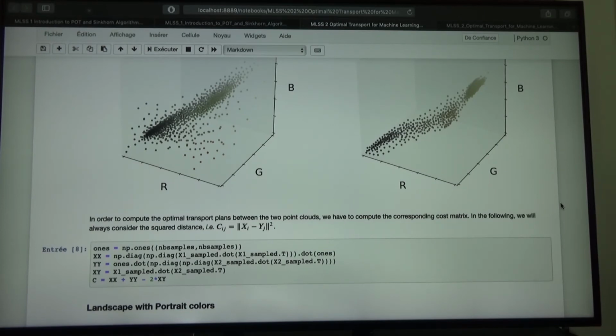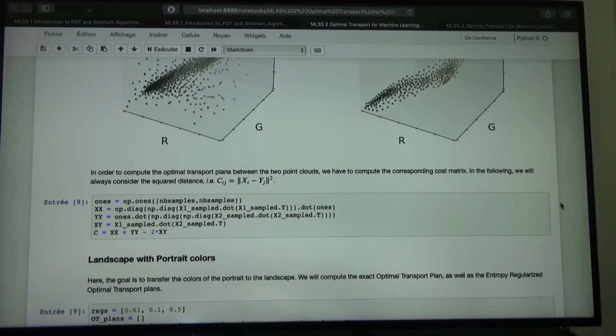If you don't know, you usually take the squared Euclidean distance, but sometimes this distance has a real meaning, and so choosing a better distance could give better results in the end. But here, let's stay with the squared Euclidean distance.